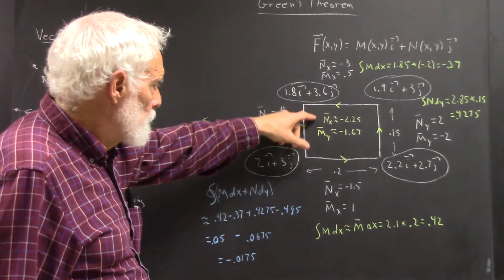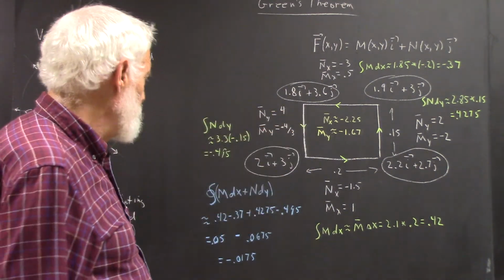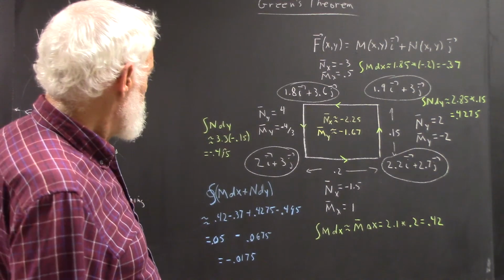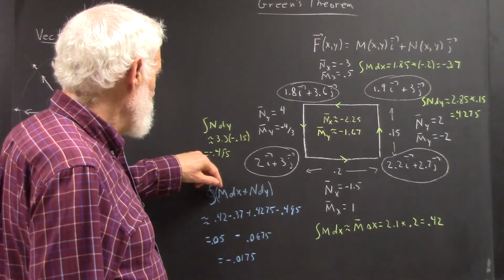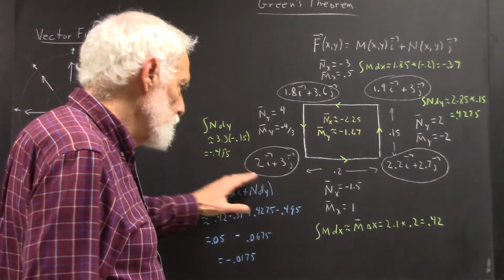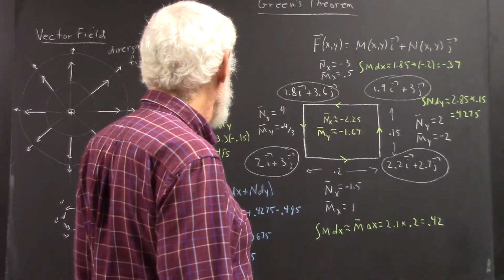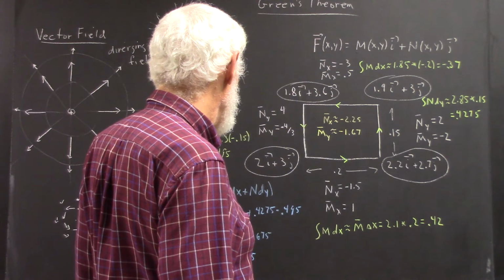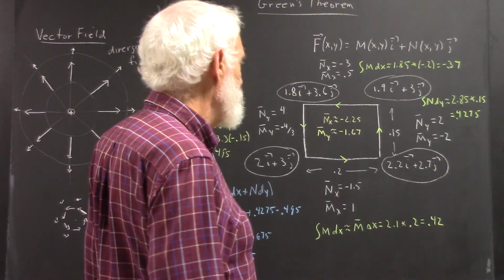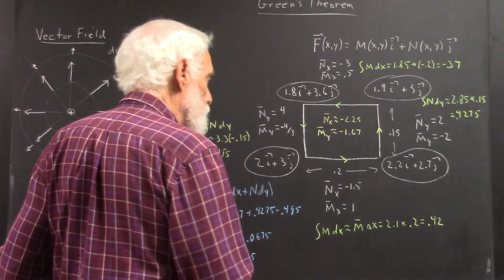Okay, so we have our Nx bar and our My bar. So now we can talk about the integral of, sorry, wrong integral. I didn't talk about it. Well, let me go ahead and do it.